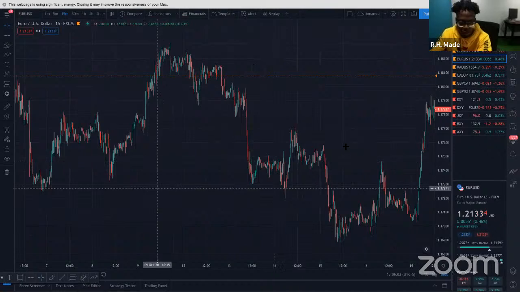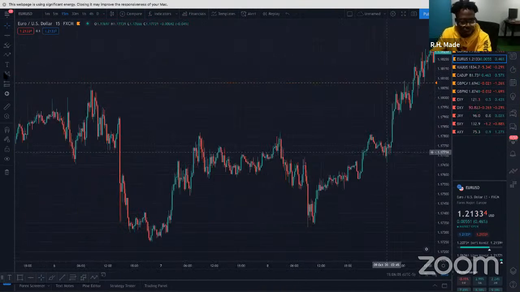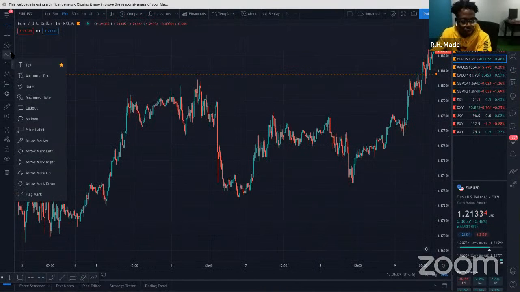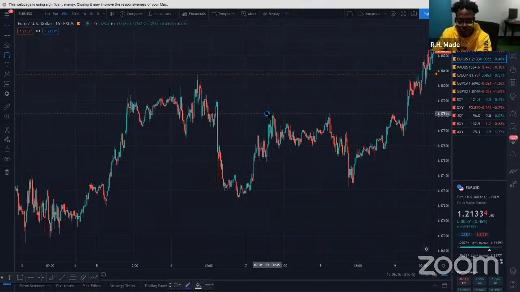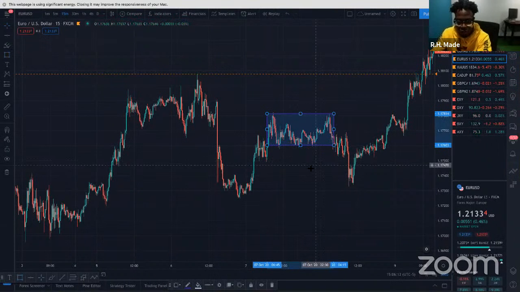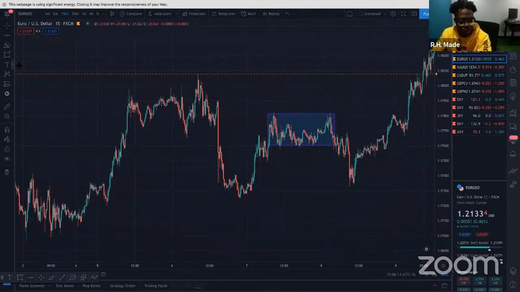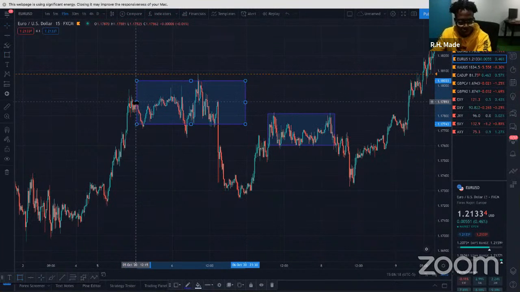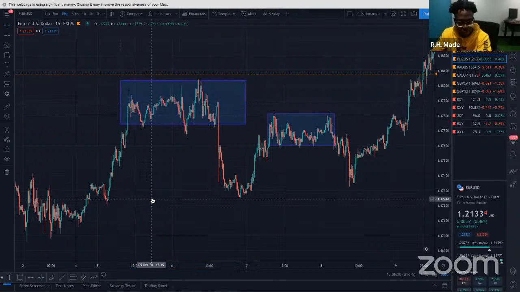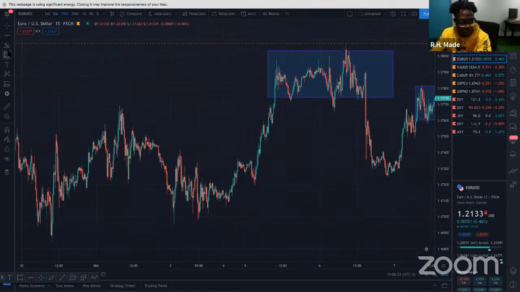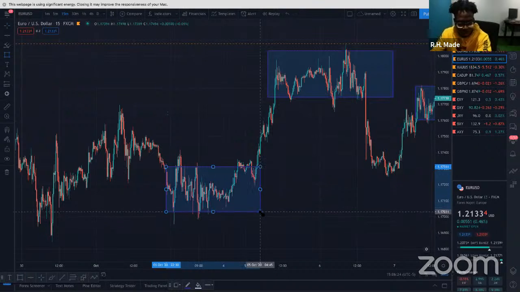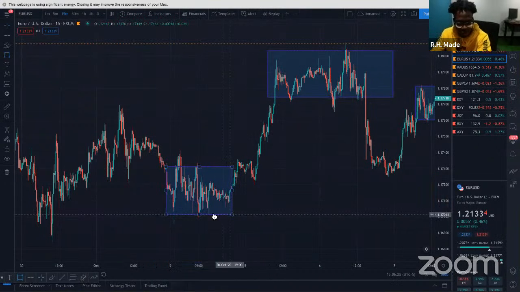See something like this, like right here. This is not tradable for me. Just moving sideways, like right here. Nothing's going on. Feel me? Like right here, it's just going up and down, just staying in one spot. You feel me? So it's not really a good idea to trade something like this. That makes sense.